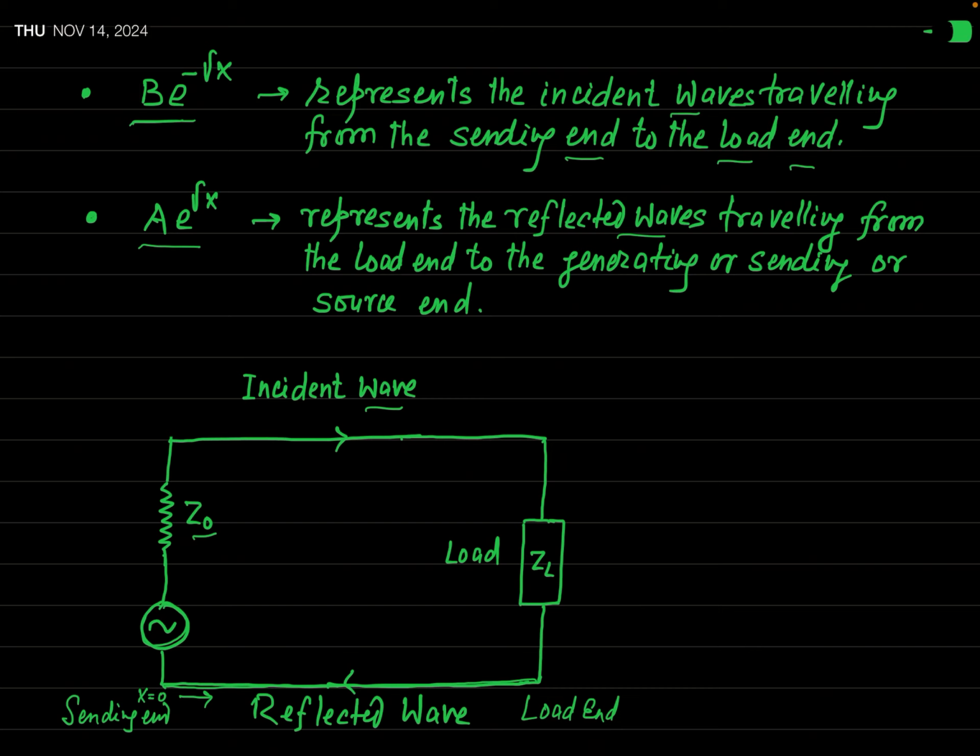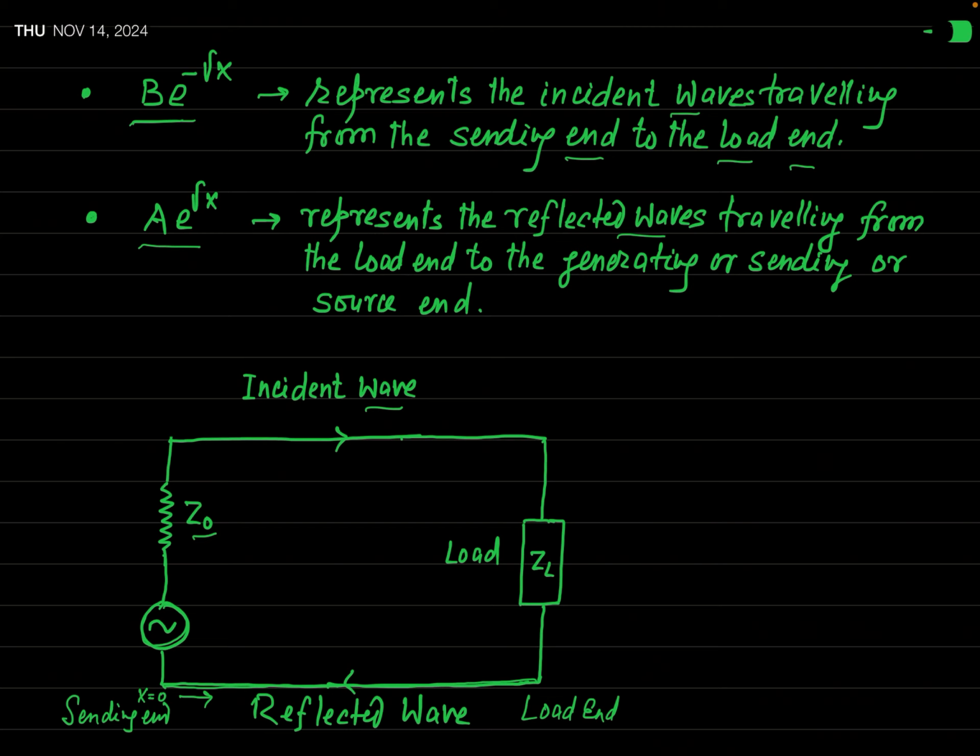Now as I have told you, we will find the values of A and B, that is, the unknown constants, by applying the proper boundary conditions in two cases. First of all, we will measure the distance from the sending end.